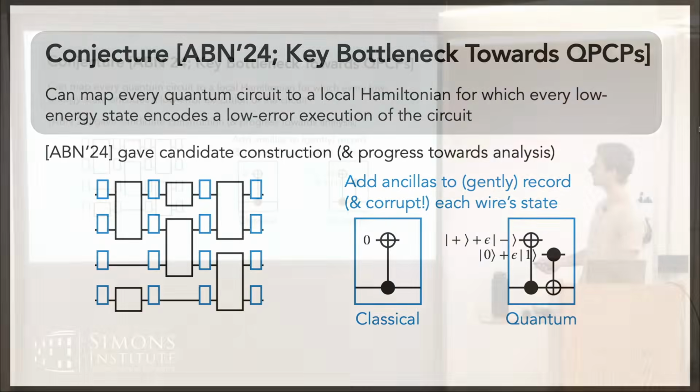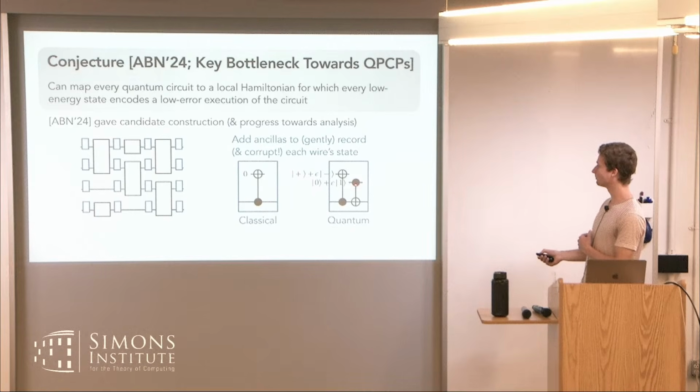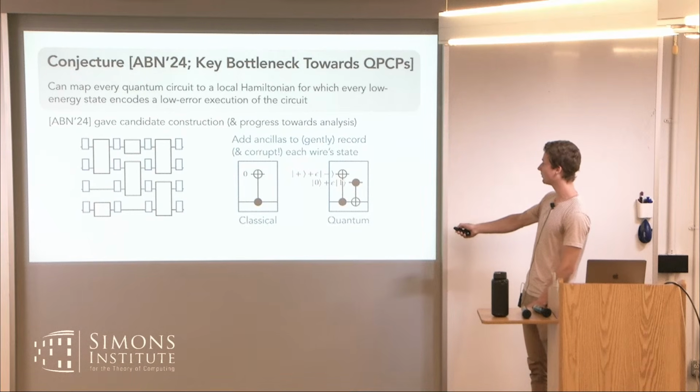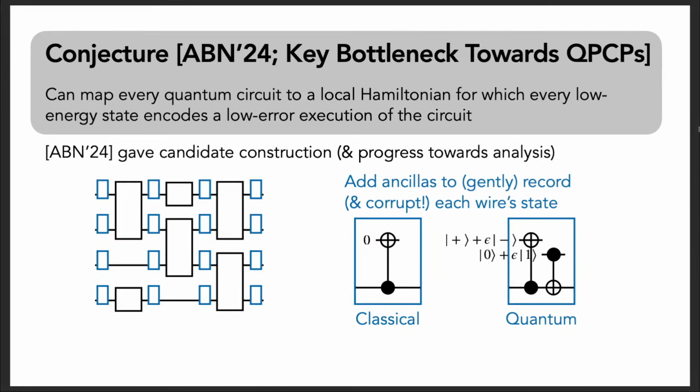Oh, yeah, sorry. The classical one is just adding the bit into a fresh ancilla, so we're just copying it. The quantum one has these two ancillas. One we introduce as 0 plus epsilon times the 1 state, so mostly 0, a little bit 1. And we perform a CNOT from that into the wire. So with a small amplitude, it adds a bit flip.